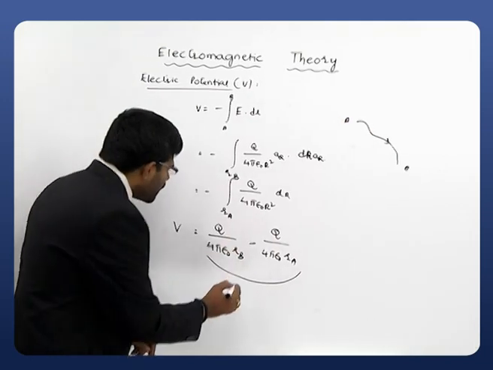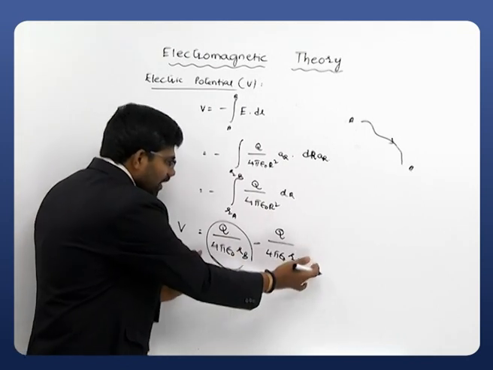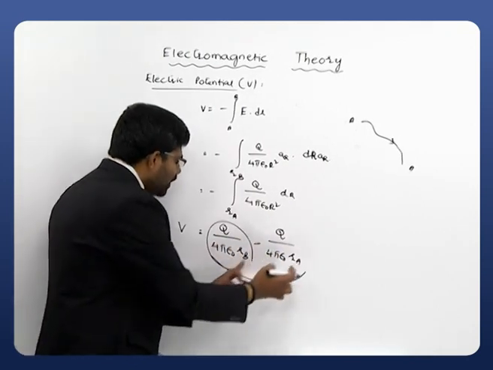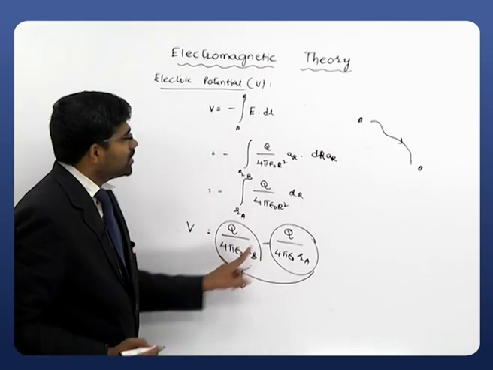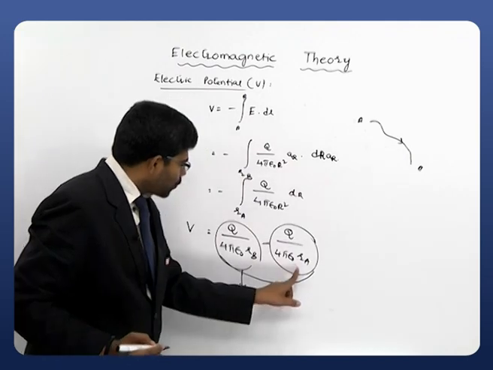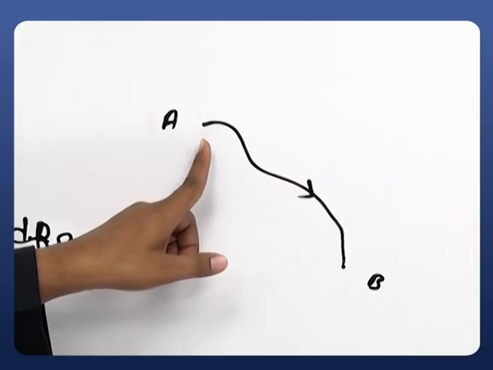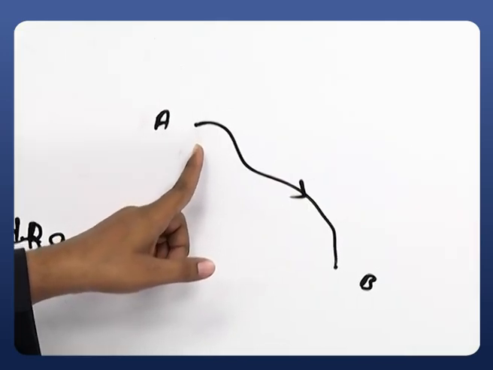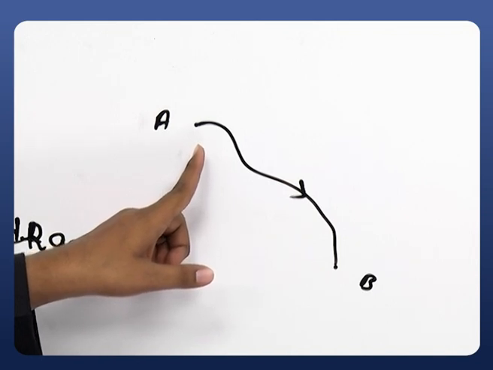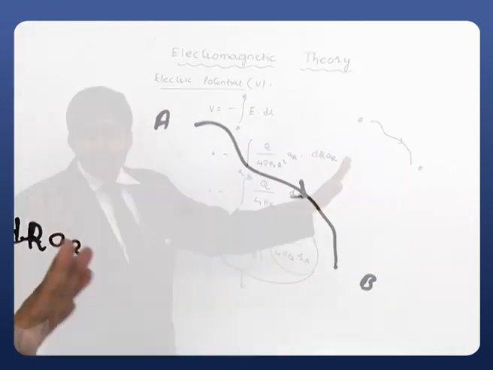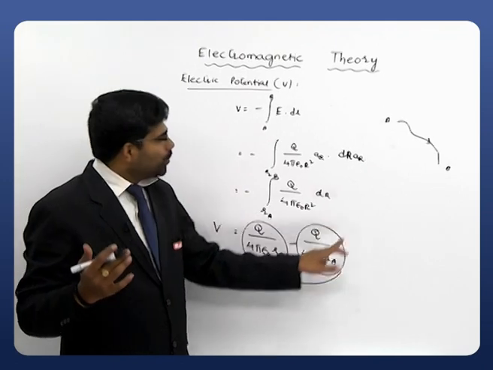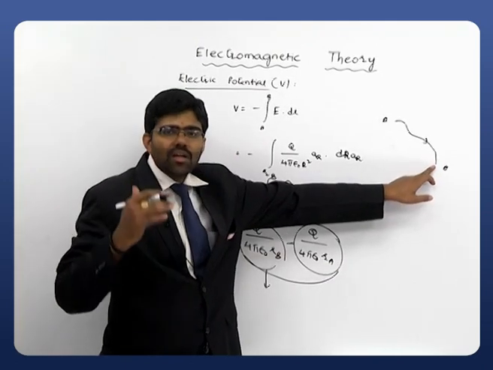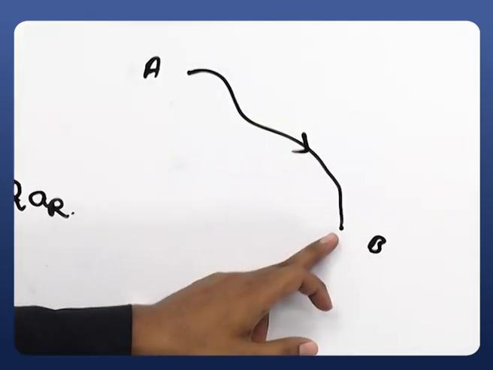If the entire thing is a potential difference, what are these two quantities? This quantity is called the absolute potential at point B, and this quantity is the absolute potential at point A. Now what is that absolute potential? As we said, there is no potential, only potential difference. The absolute potential is the potential difference between this particular point and another point where the potential is 0.